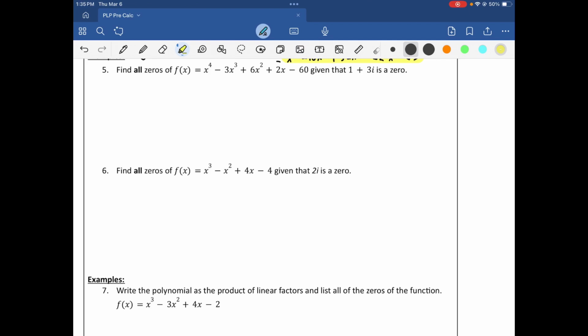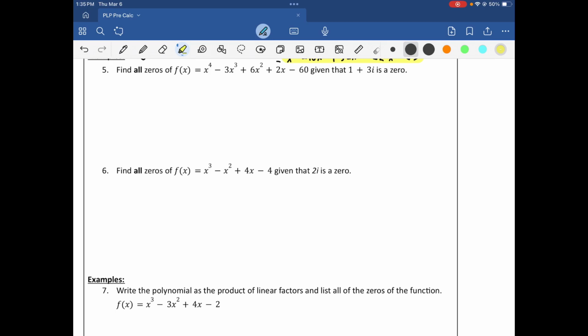Alrighty, moving on to example 5. We're going to find all zeros of f of x is equal to x to the 4th minus 3x cubed plus 6x squared plus 2x minus 60, given that 1 plus 3i is a 0.